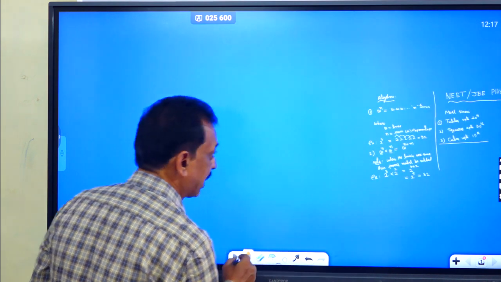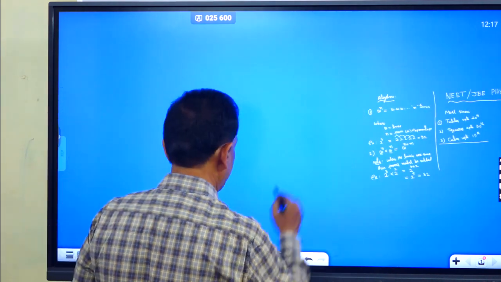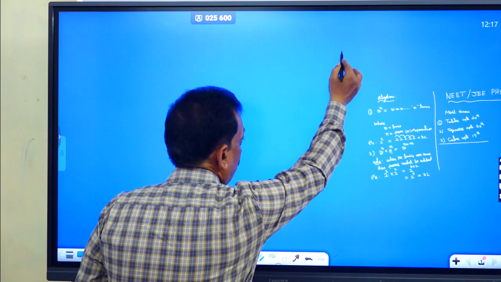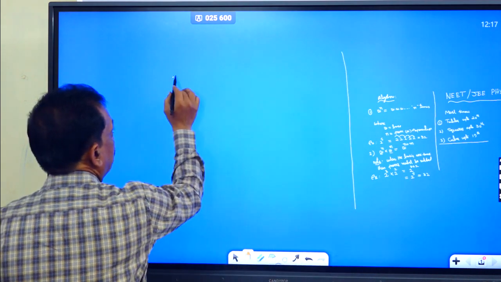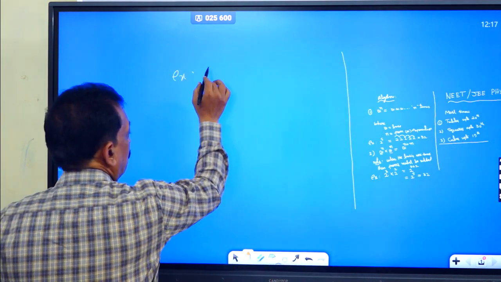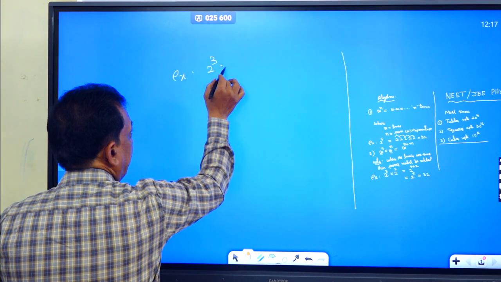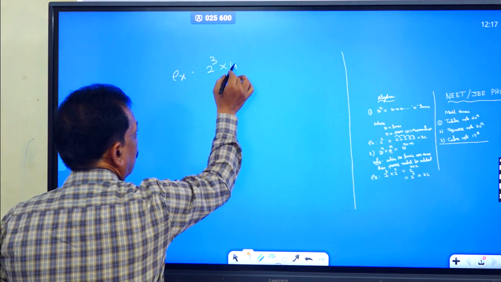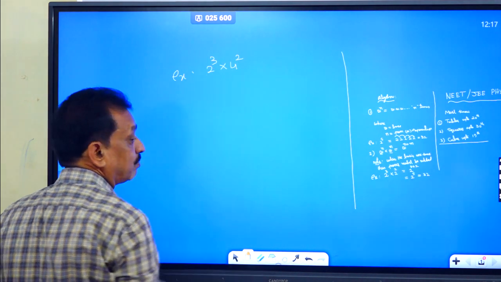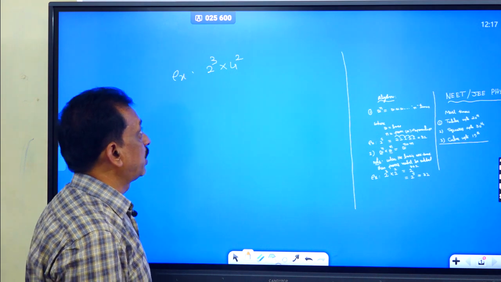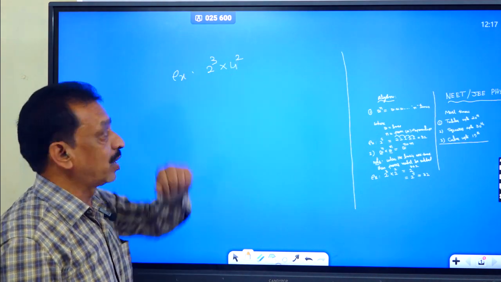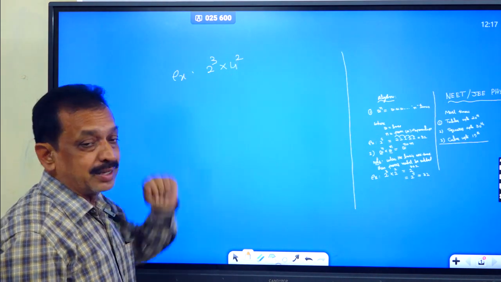Consider another example: 2 to the power of 3 into 4 squared. But the bases are not the same. What to do?